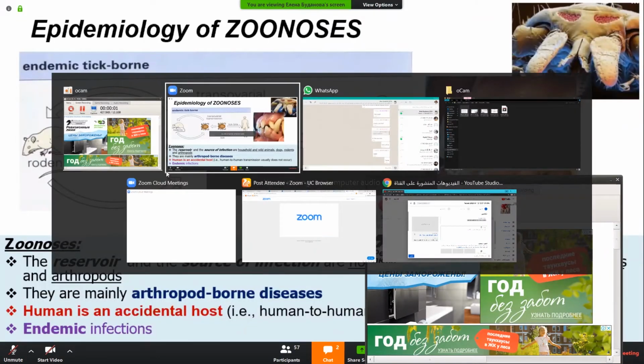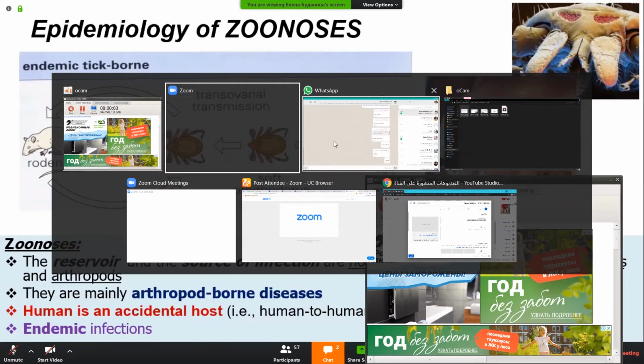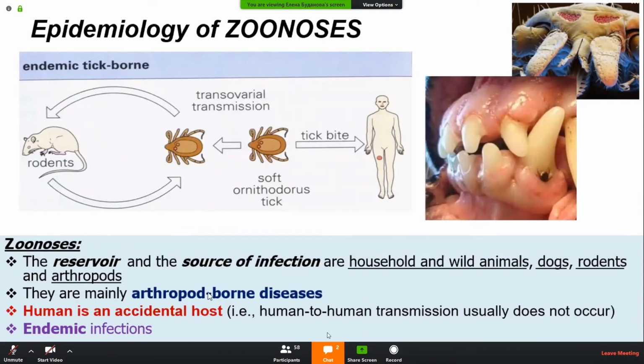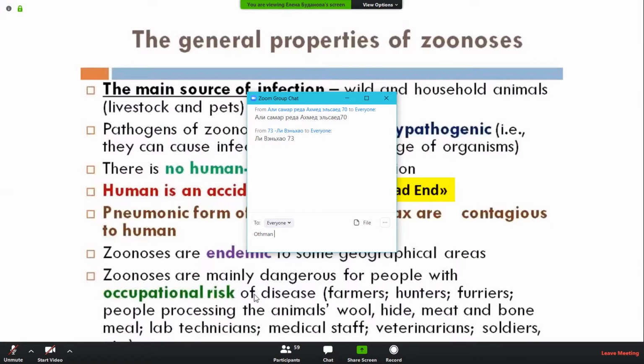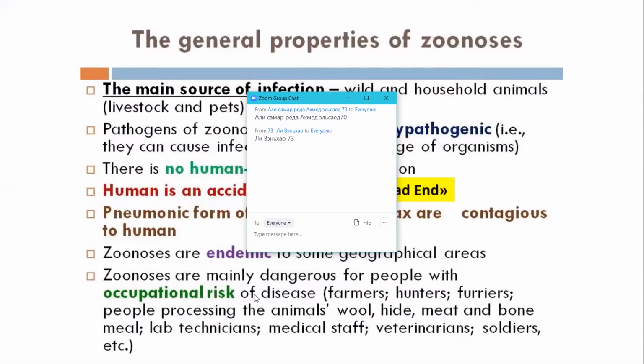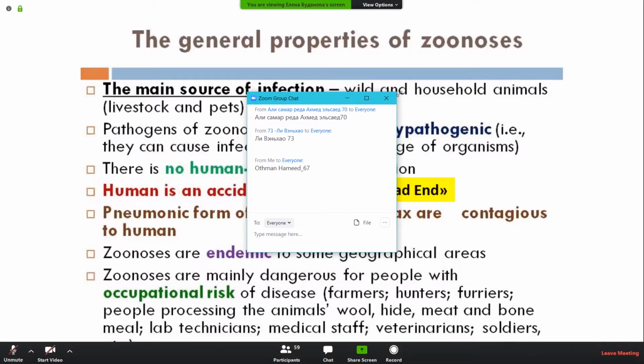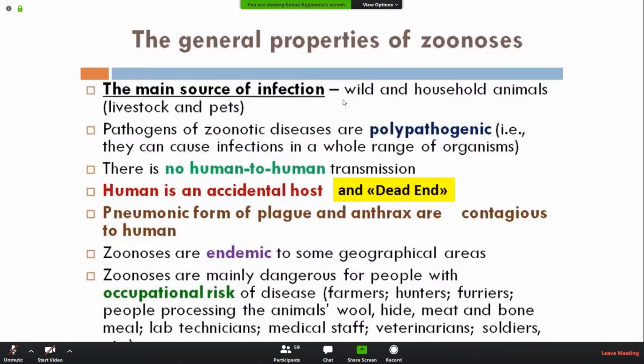So we call them endemic infections. What else should we say about these diseases? They are polypathogenic. I mean, pathogens can cause many infections in different animals, in the whole range of organisms.